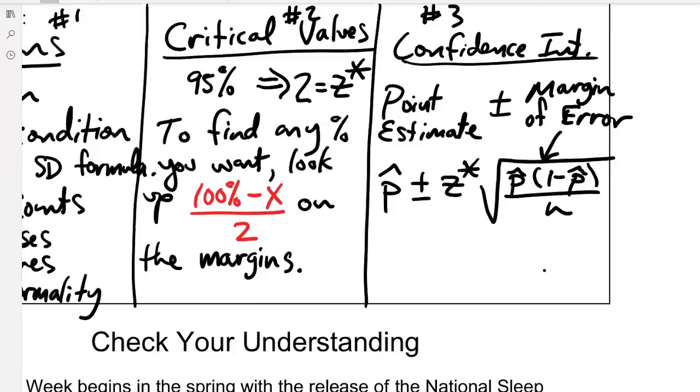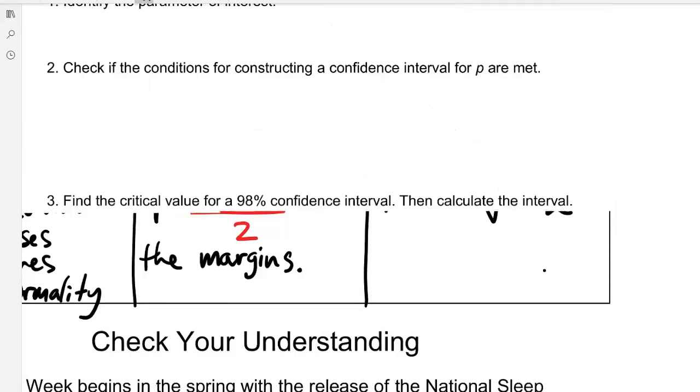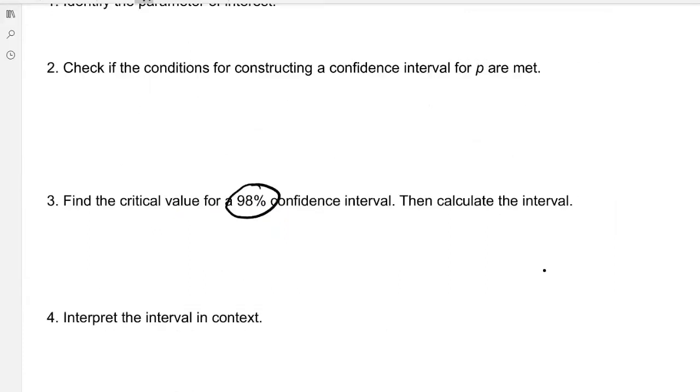So let's go down into the check your understanding question about sleep awareness, and just make that real clear here. This 98% in the problem means that the Z star, which is why we looked it up together, is 2.33.